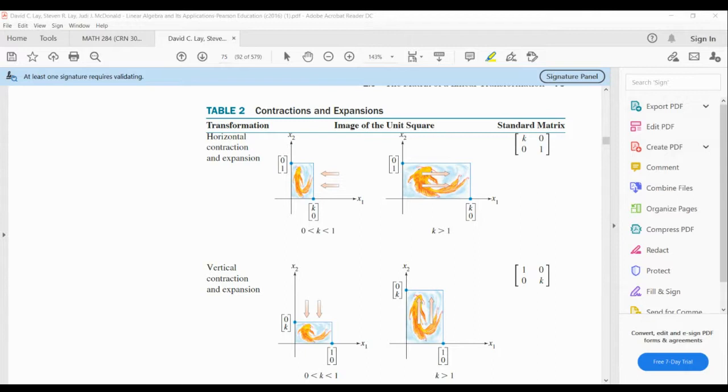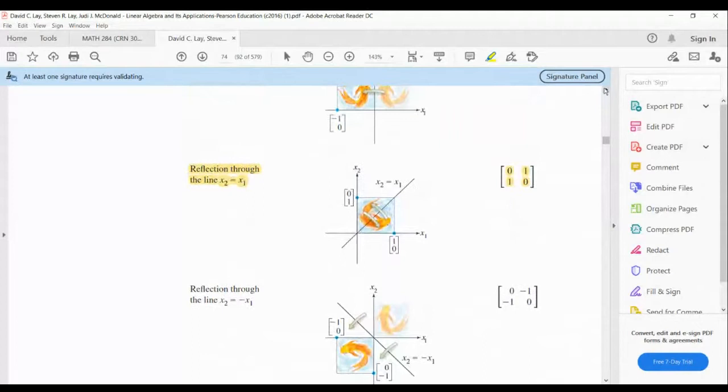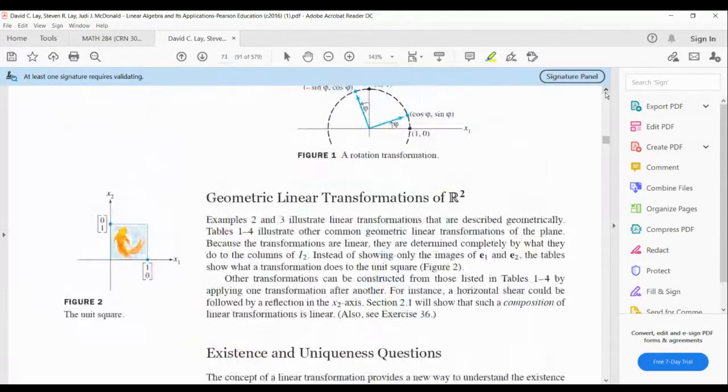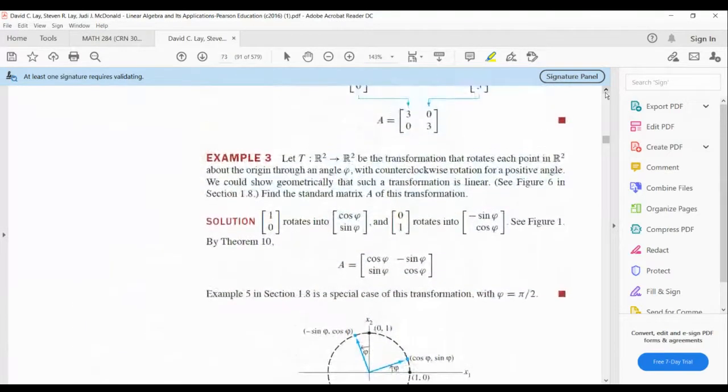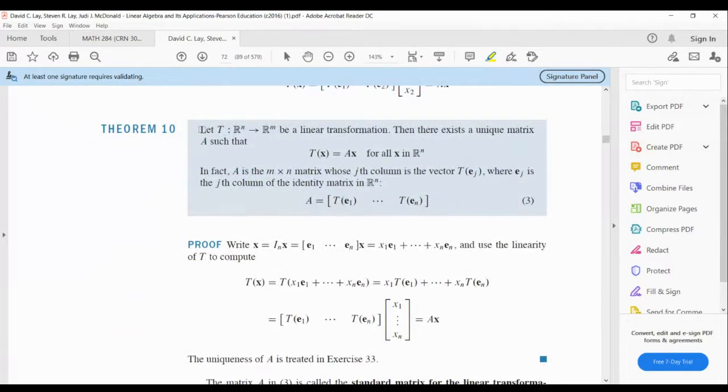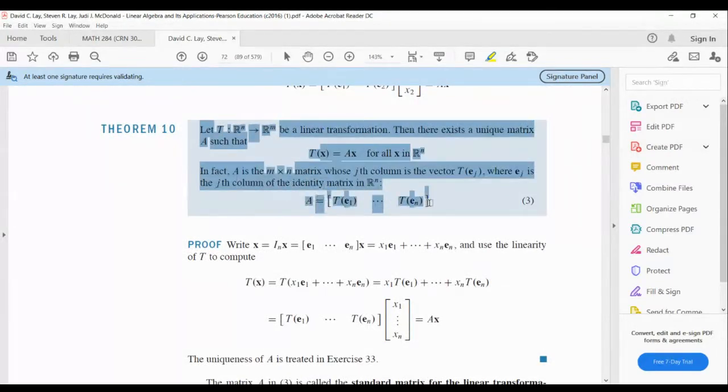Let me go back to that theorem, theorem 10. This is the theorem that we're applying. We have to figure out how to construct a matrix A that will do the transformation that we want.